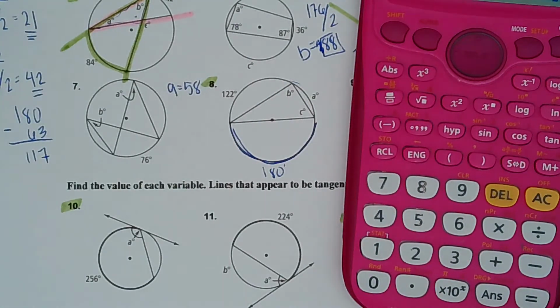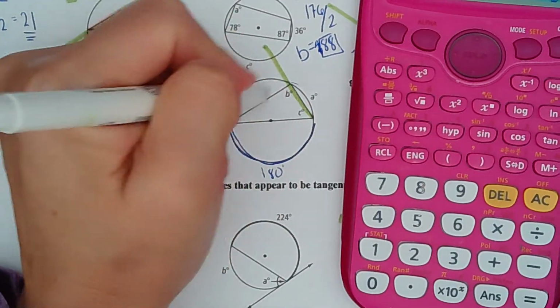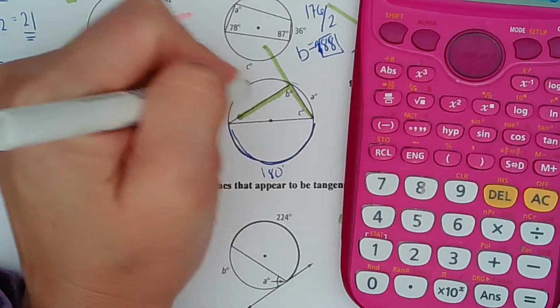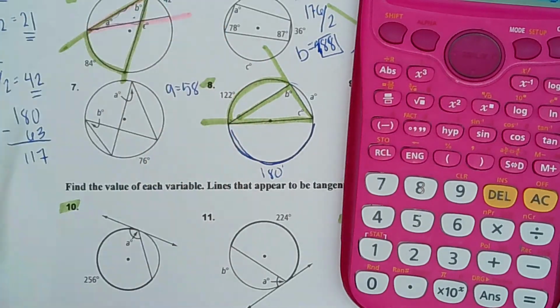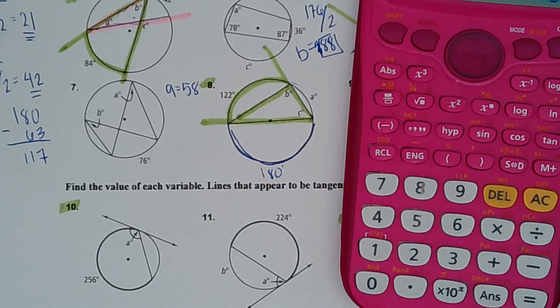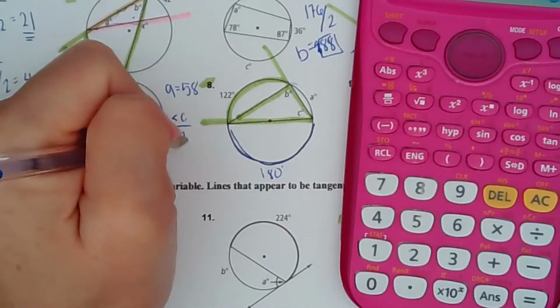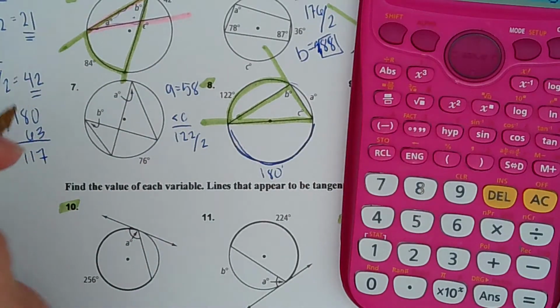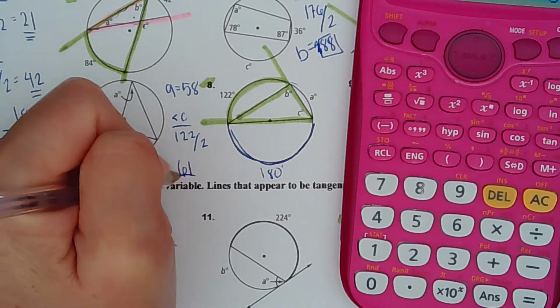Now I'm going to go ahead and find angle C, which is right here. Whoops, sorry, I was highlighting angle B, which is right here and intercepts this arc. So to find angle C, I'm going to simply take 122 and divide it in half, and that's going to give me 61.